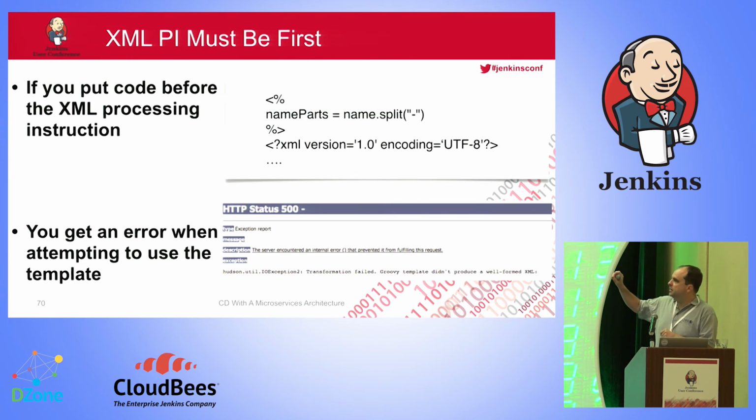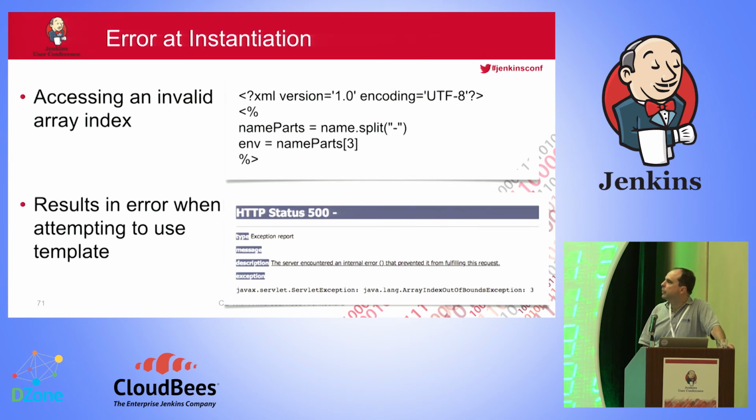Any mistake you make in the middle of the template, which is valid groovy code but results in a template that is not well formed, will also give you the same 500 error. This is more of a programmer error.